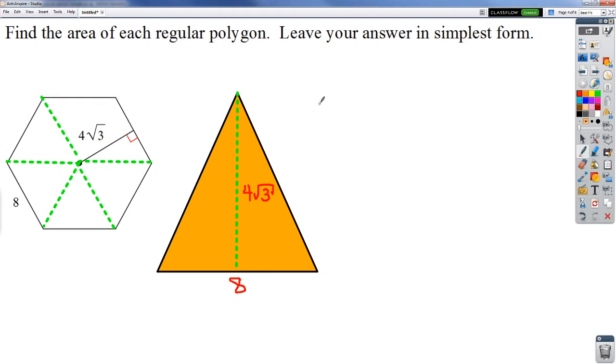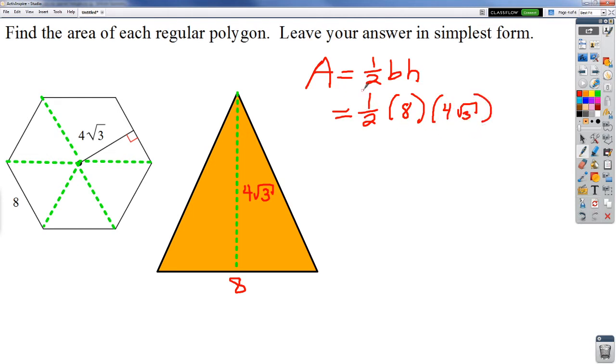And then from here, it's literally just do what we did before. You know that the area of a triangle is 1/2 times the base times the height. And then we're just going to go from there. The base is 8, the height is 4 radical 3, so 1/2 times 8 times 4 radical 3.